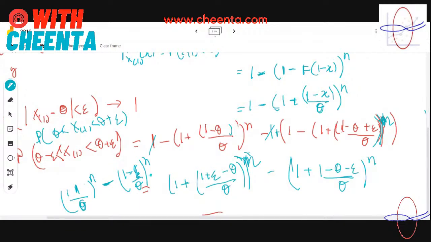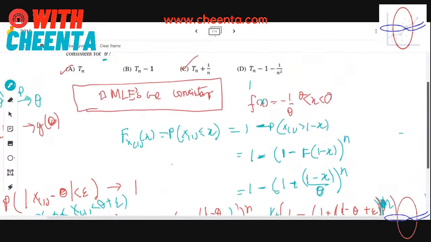Wait. So therefore this means this, okay. So does it go to 0? Epsilon is small, so epsilon is less than 1. So theta to the power n. Okay, theta is fixed, we have to take theta fixed.